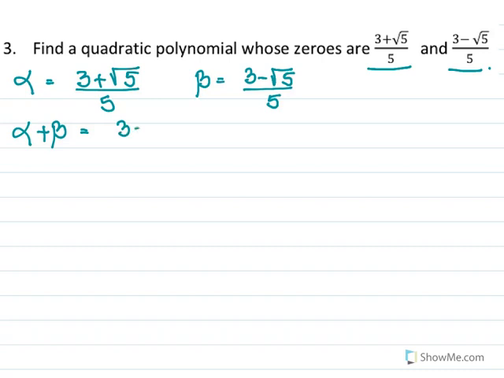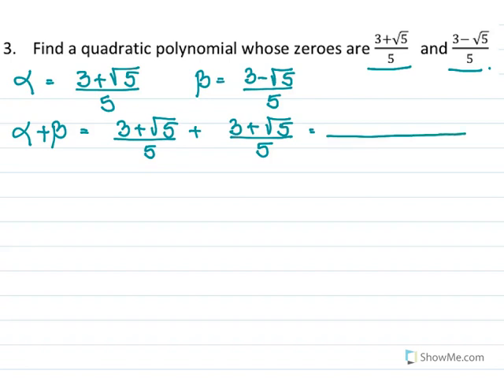The sum of roots is alpha plus beta. And the LCM will be 5. So this will be 3 plus under root 5. And this should be minus, it's not plus here, this is minus.